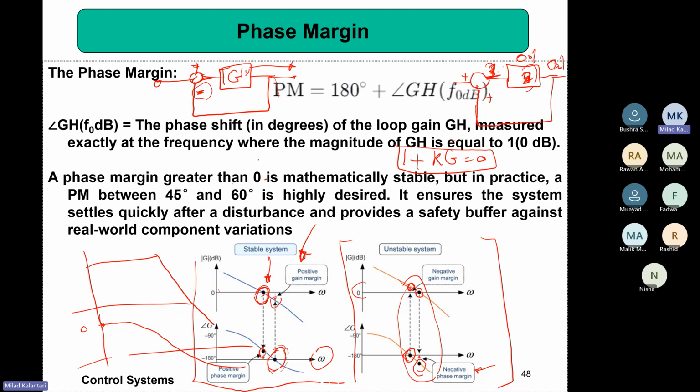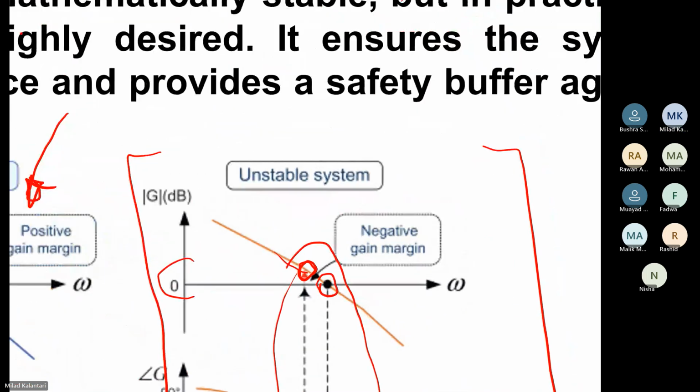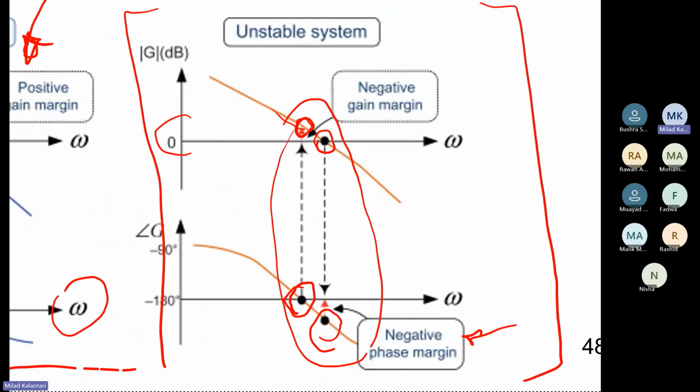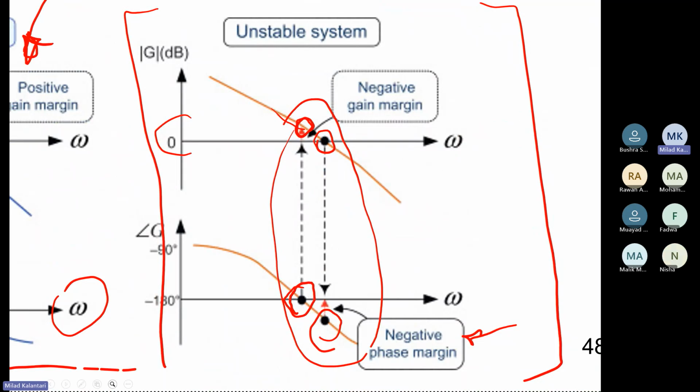The other case is that once you reach 180 degrees, you still have some gain, more than 1, then this system becomes a positive feedback at that frequency, and becomes unstable.